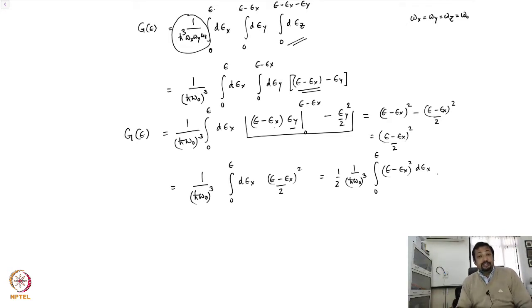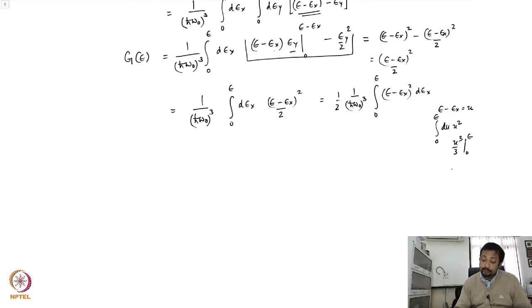This integration is very easy to do. If you substitute epsilon minus epsilon x as u, then essentially you have 0 to epsilon u square du, which is going to be u cube over 3, 0 to epsilon, and that gives you epsilon cube over 3.